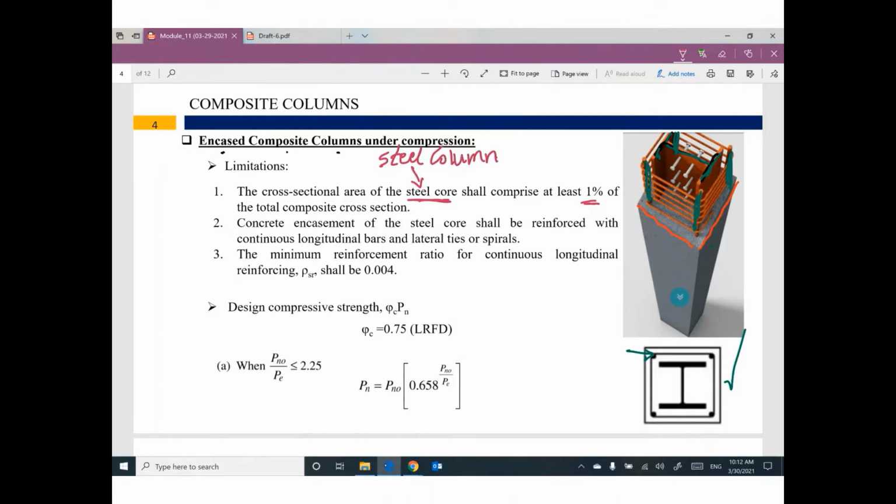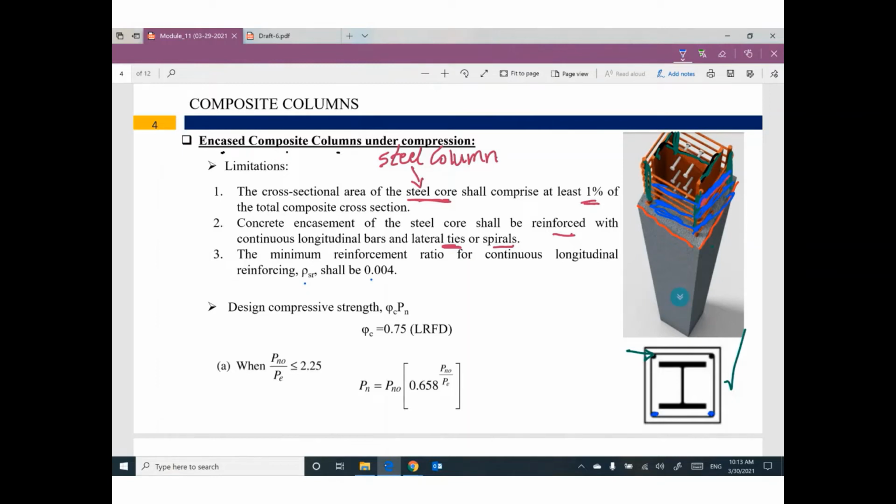The concrete encasement of the steel core shall be reinforced with continuous longitudinal bars and lateral ties or spiral. We have ties here for shear, to resist shear and provide confinement for the reinforcement. The minimum reinforcement ratio for continuous longitudinal reinforcement, rho, shall be 0.004.